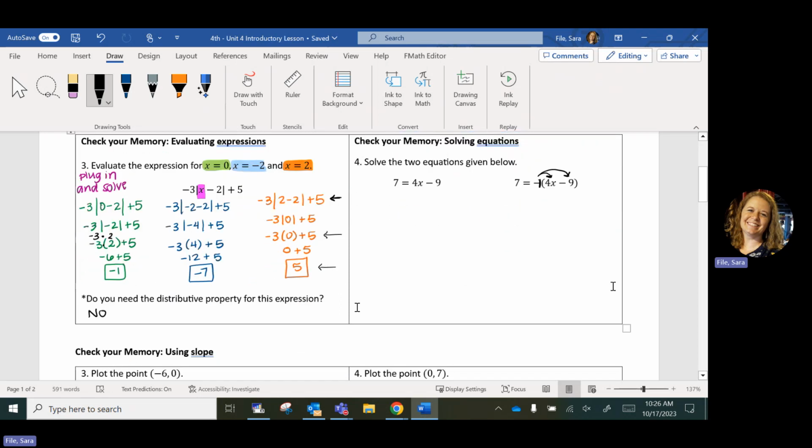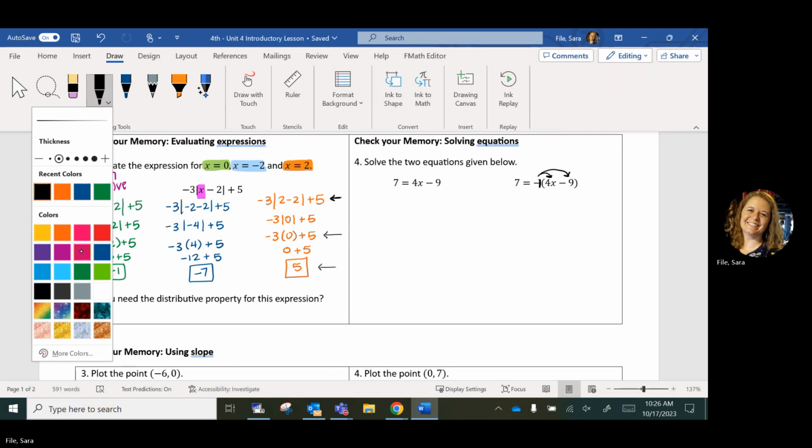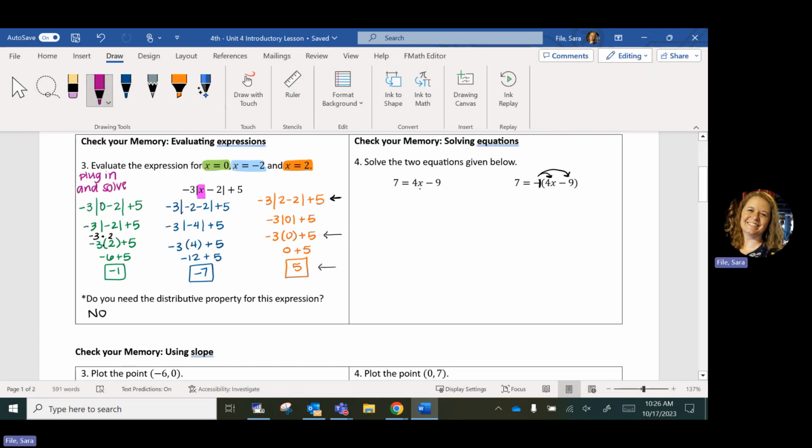So this is without absolute value, just basic algebra. I'll start with this one on the left here. If I want to solve the equation for x, I'm trying to isolate my variable x. What do I move first? And how do I move that -9? So opposite operation, I'm going to add or subtract if I have a constant.